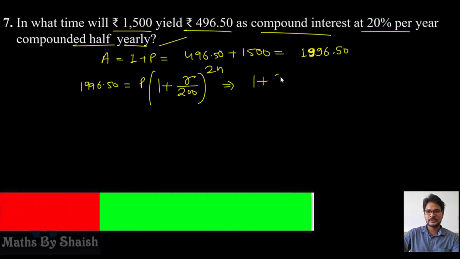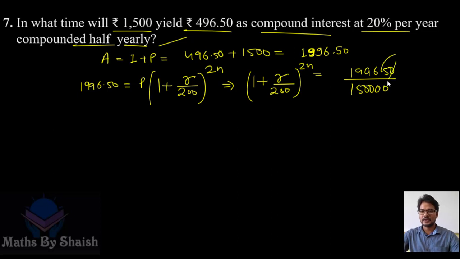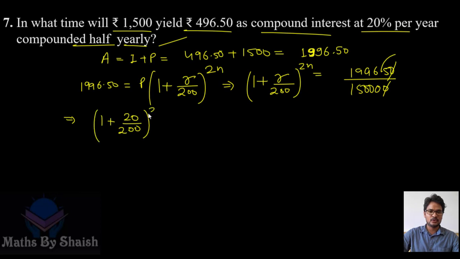We'll get (1 plus R over 200) to the power 2n equals 1996.50 upon 1500. If we remove this decimal, we'll include 2 zeros here, then we can cancel as well, and on substitution we get 1 plus R, that is 20 over 200, to the power 2n. This is 1 and 1 over 10.